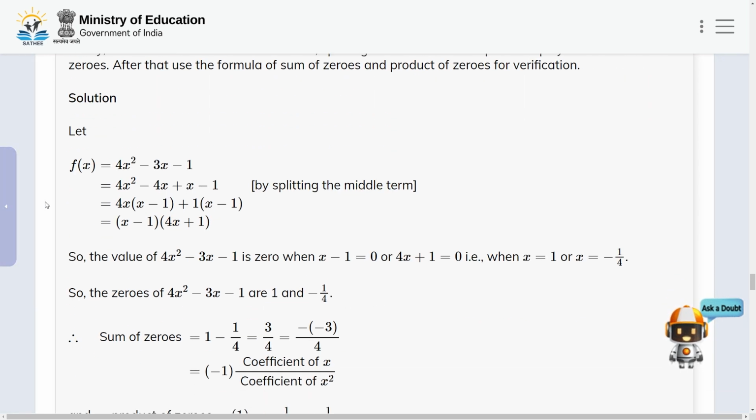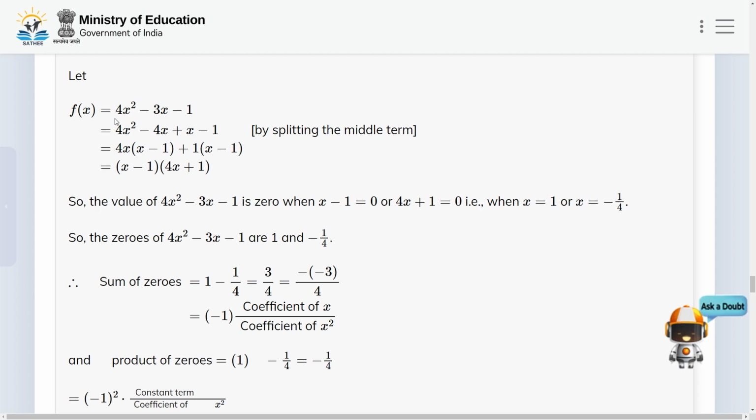Let f of x equal 4x square minus 3x minus 1. By splitting the middle term, minus 3x can be split as minus 4x plus x. Then this is equal to 4x square minus 4x plus x minus 1, which is 4x times x minus 1 plus 1 times x minus 1, that is x minus 1 times 4x plus 1.